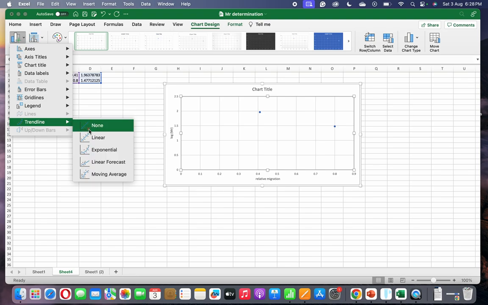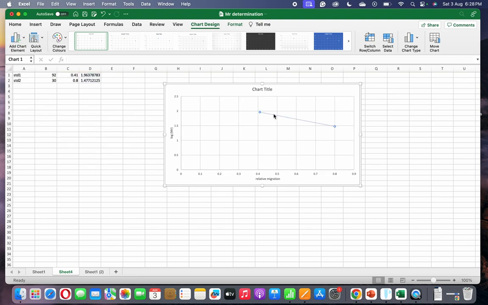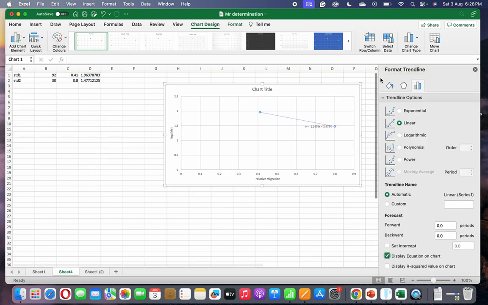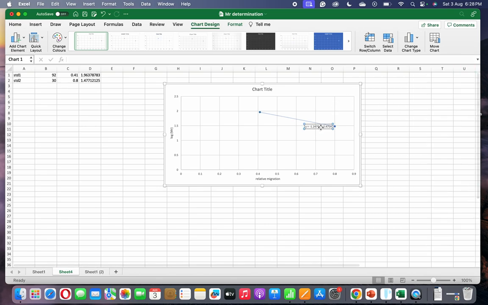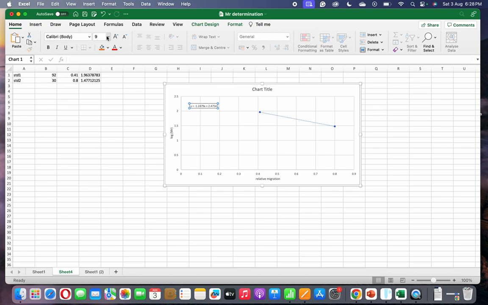What we have to do is now add a linear trend line and find the equation of this trend line. Okay, so this is the equation that is given by these 2 points.